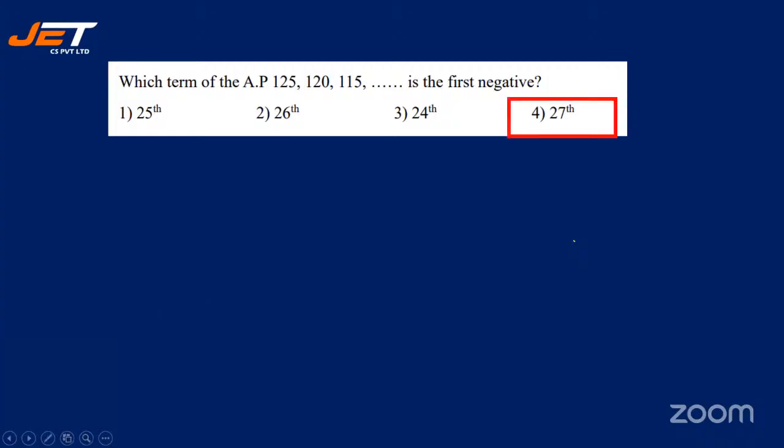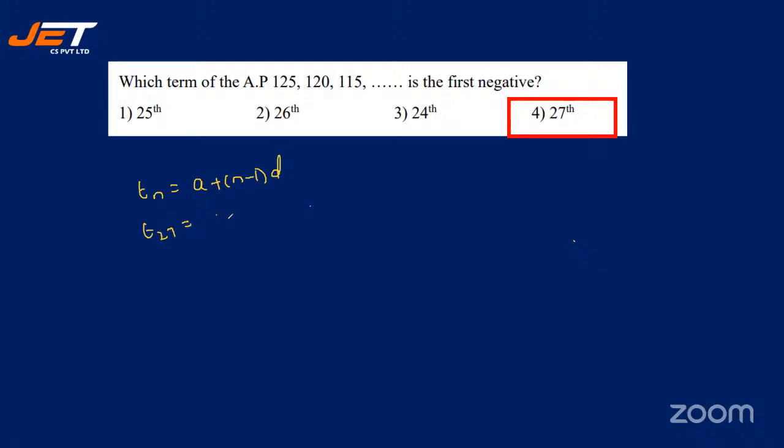See, in this, there is no other way other than we work it out, isn't it? So see here, Tn is equal to a plus n minus 1 into d. So here, let's find out from each option.